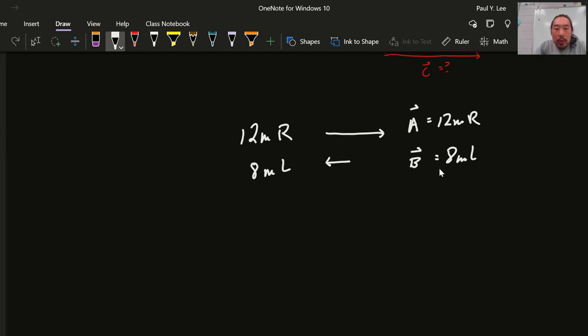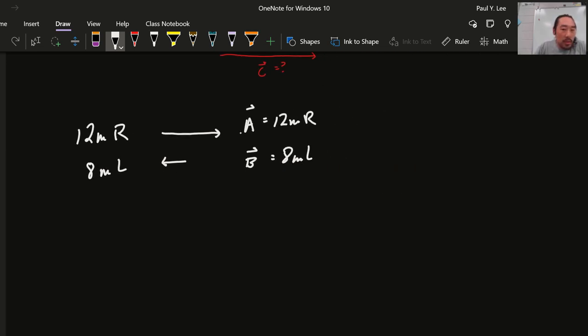All right, so if we add these two together, the tip to tail method still follows. Let's draw A first. So this is A. And right underneath of it, I'm going to show you B. So we start where A ended, but I don't want to overlap there, so I'm going to just draw it right underneath here.